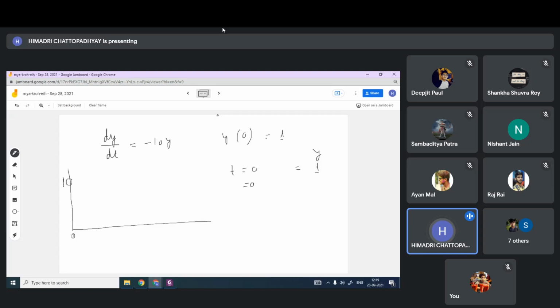At t equal to 0.1, how much will y be? This is y0 plus this slope. Because basically you are calculating the slope at y equal to y0, so this will become 1 plus the slope into this delta h, which is say 0.1. So at t equal to 0.1, y becomes 0.1.